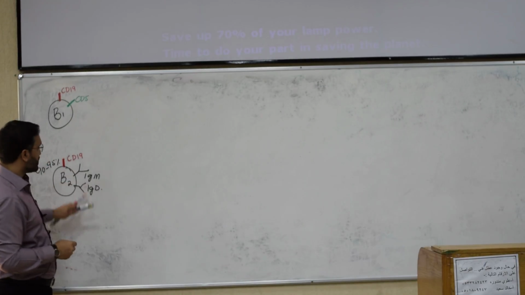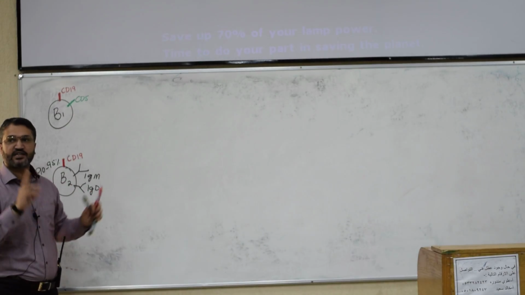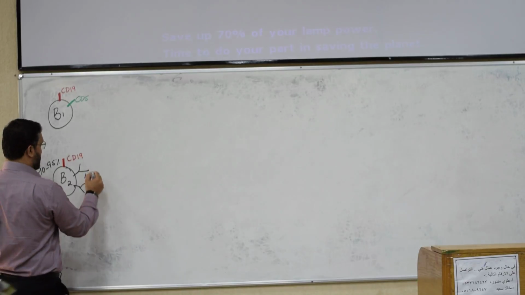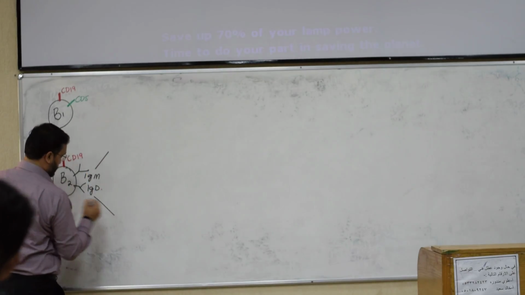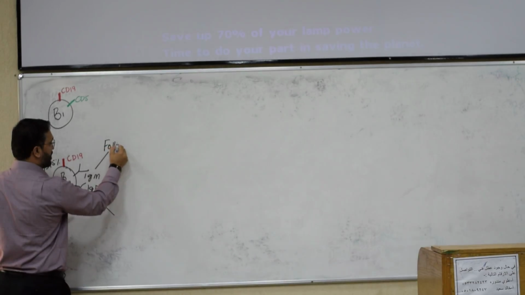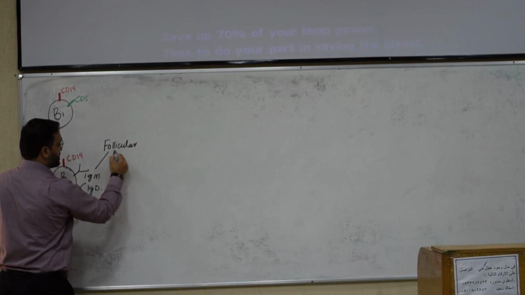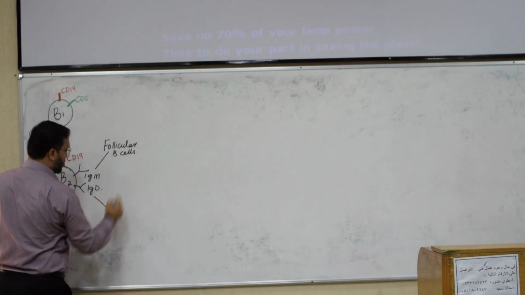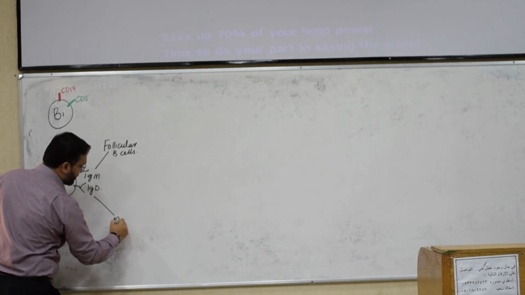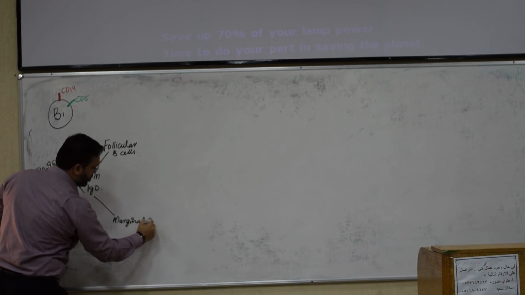Now based on these two, the conventional B cell is again divided into two types. And what are those two? One is called follicular B cells, and one is called marginal zone B cells.